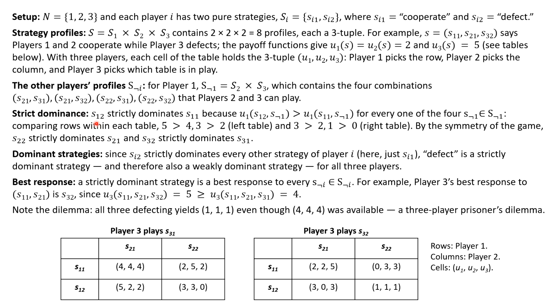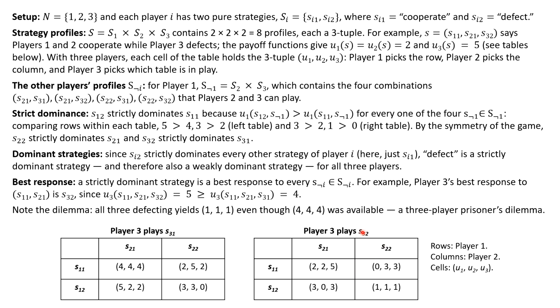So that's strict dominance. Then dominant strategies in general, this is completely symmetric. If you look at, say, S22 for player 2, we look at the comparisons here. 5 is greater than 4, 3 is greater than 2, 3 is greater than 2, and 1 is greater than 0. So S22 is strictly dominant over S21.